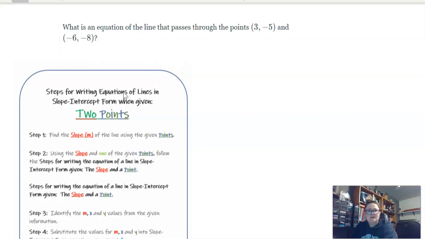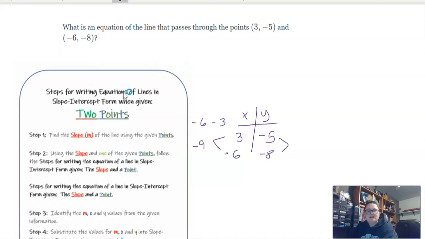So I'm going to start by putting these 2 points into a table. Okay, now that I have them in a table, I'm going to subtract the x's and subtract the y's to find the change in x and the change in y. So for x I'm going to do -6 subtract 3, which is -9. And if you look here, you notice we're going from +3 to -6, so it should be a negative change.